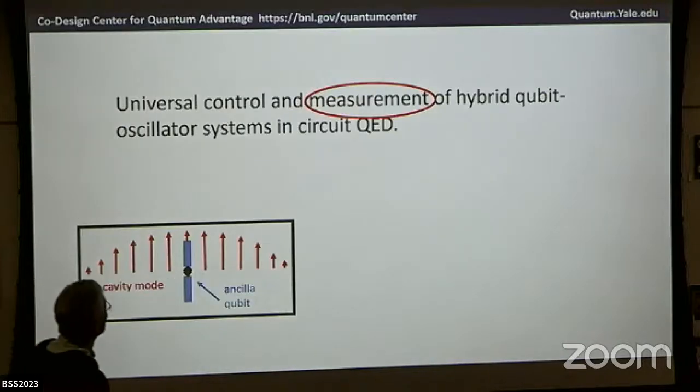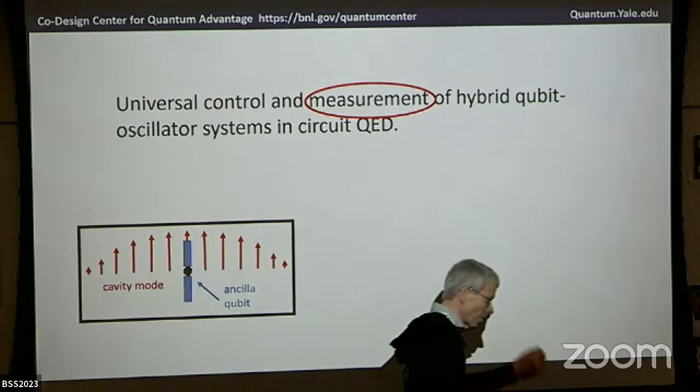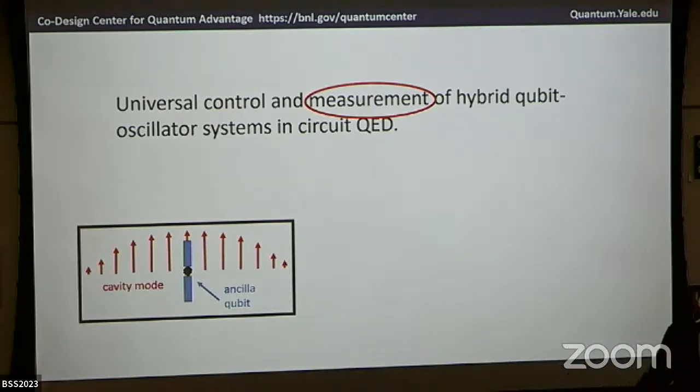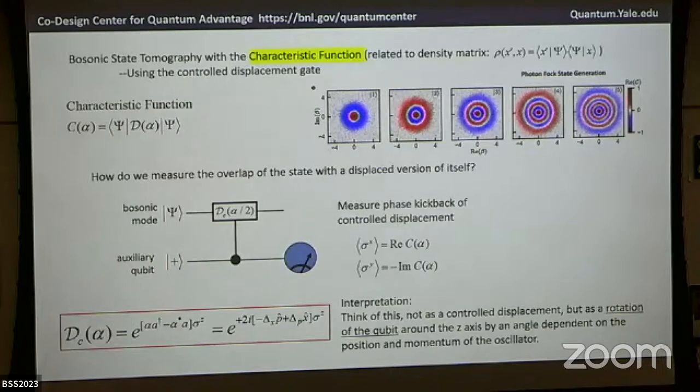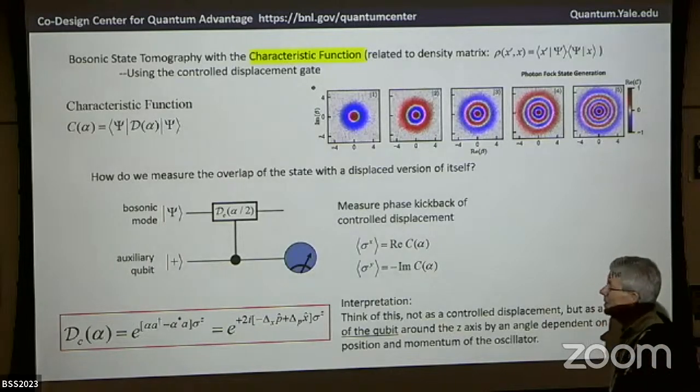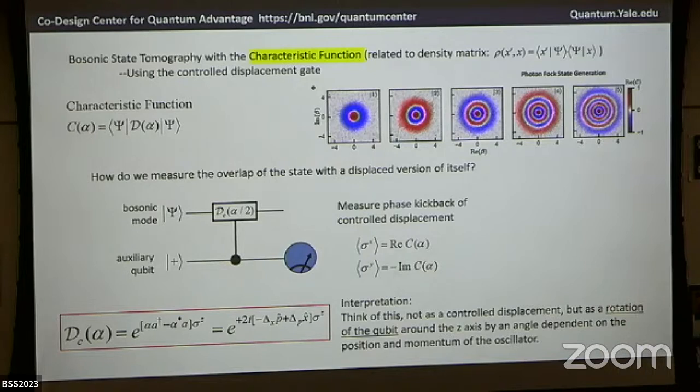Okay, all right, so there's some more about control. Now we have to do measurement. How do we get those fancy Wigner function plots, do state tomography, for example? Well, let's start with something simpler than the Wigner function, the characteristic function.